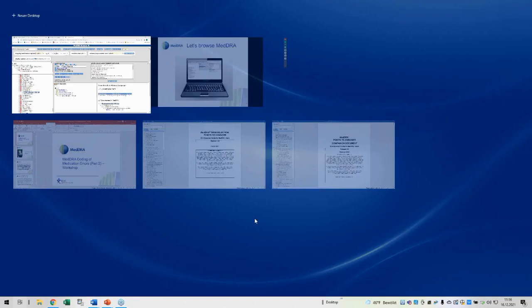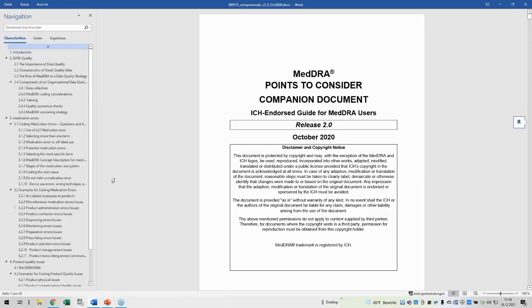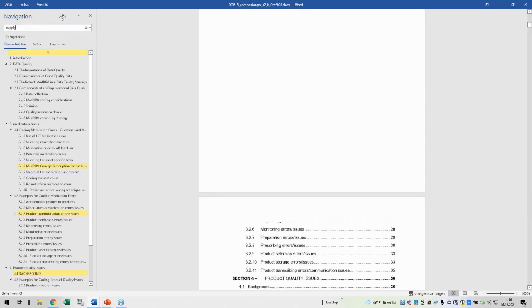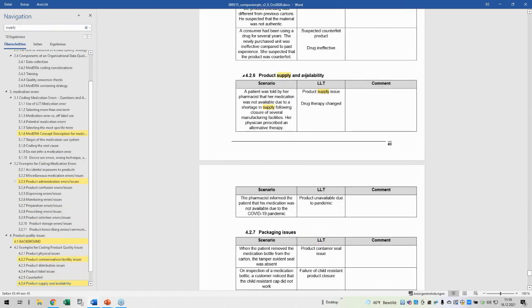And I've opened the companion document already, here it is. If I look for supply, maybe we find some product supply and availability. The patient was told by a pharmacist that her medication was not available due to a shortage in drugs in supply following closure of several manufacturing facilities. So this would be a supply issue.